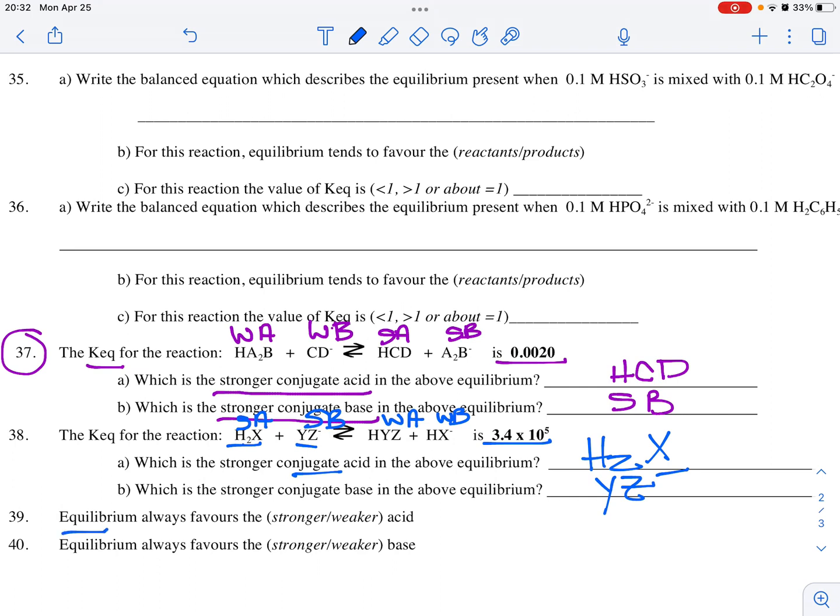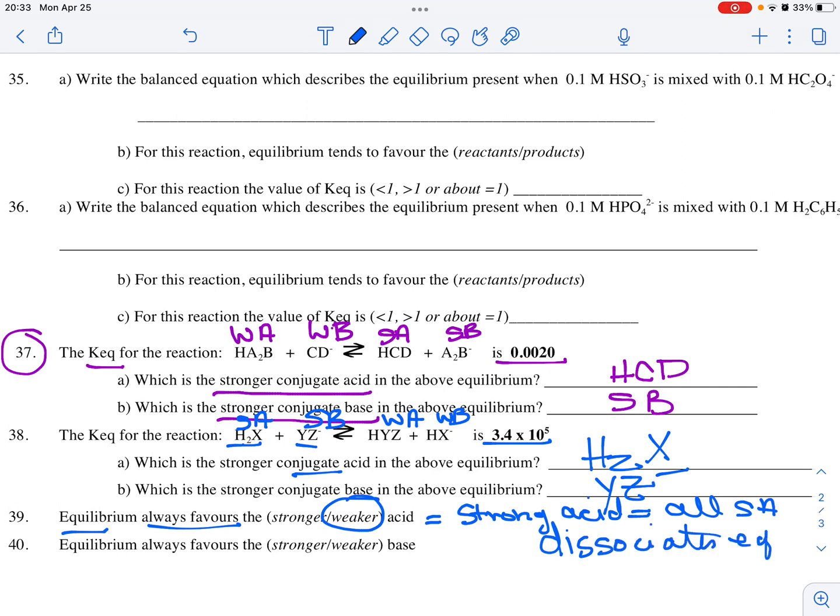So equilibrium always favors the weaker acid. Now some people might want to think this means that in a strong acid, all the strong acid dissociates.